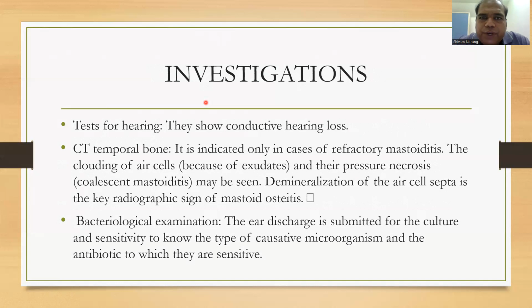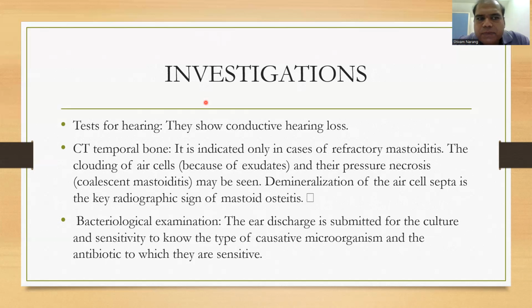What all investigations we need to do in cases of acute suppurative otitis media? First of all, testing of hearing to show that conductive hearing loss is there. Then we will do a culture test for the bacteria to find out the infective organism and to which antibiotic it is most sensitive, so we can change the regimen of antibiotic according to the bacteria.